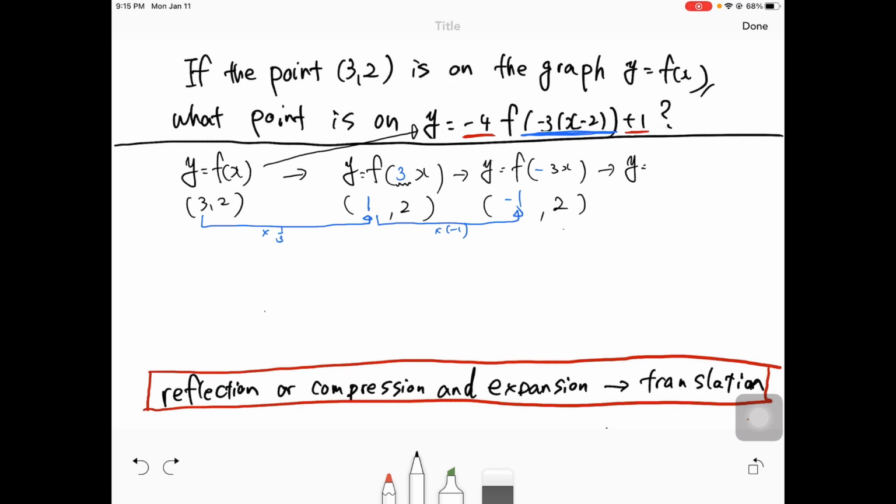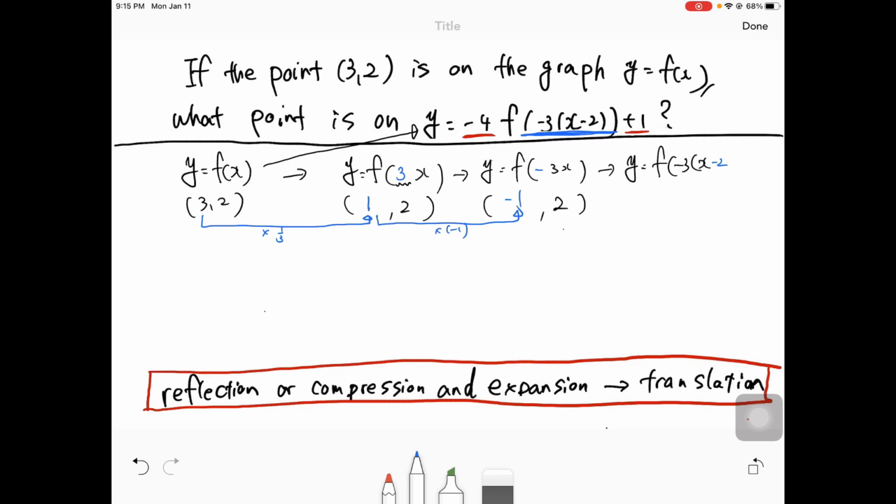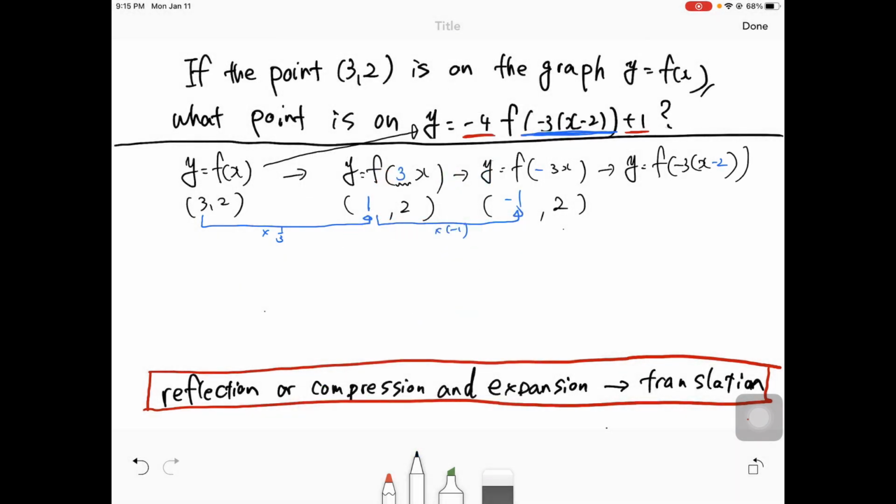There's a -2 here, so y equals f of -3 times x minus 2. Oops, let me change the color. -2 means horizontal translation. So like I said, I do translation in the end.